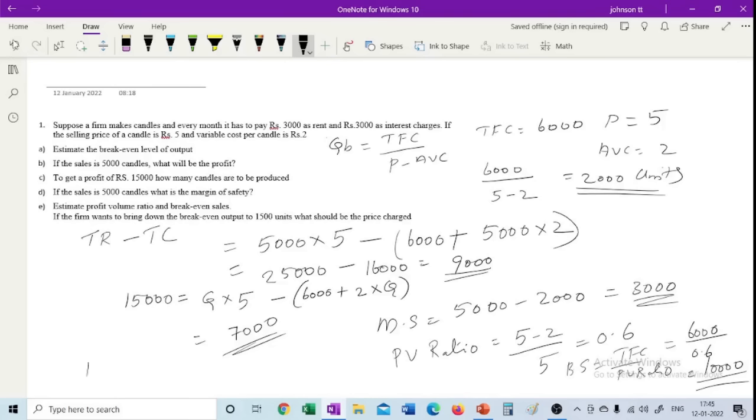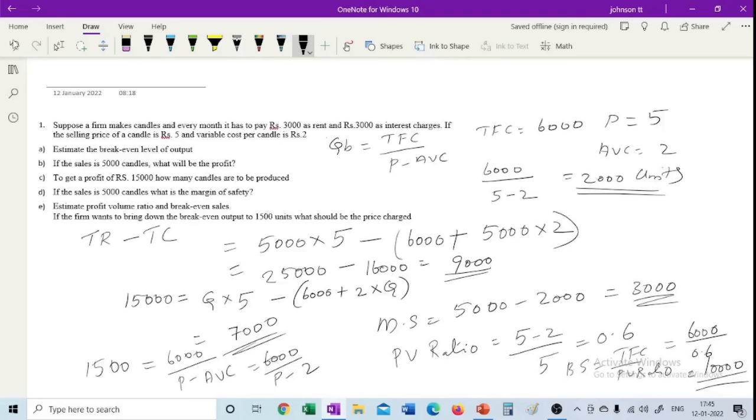So we can write 1,500 is equal to TFC divided by P minus AVC. TFC is 6,000 divided by P, we have to find, minus AVC. AVC is equal to 6,000 divided by P minus 2.